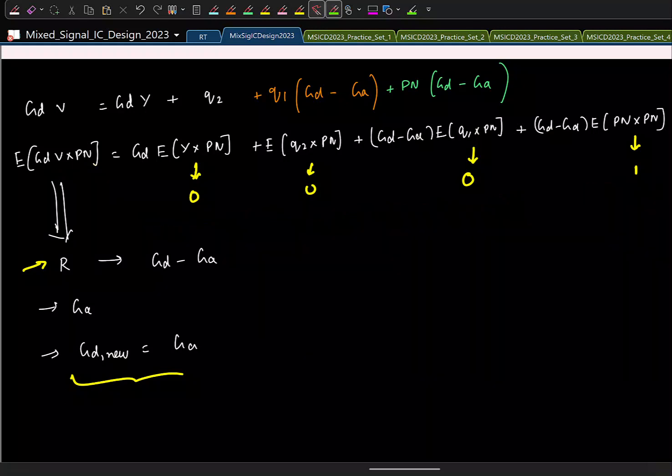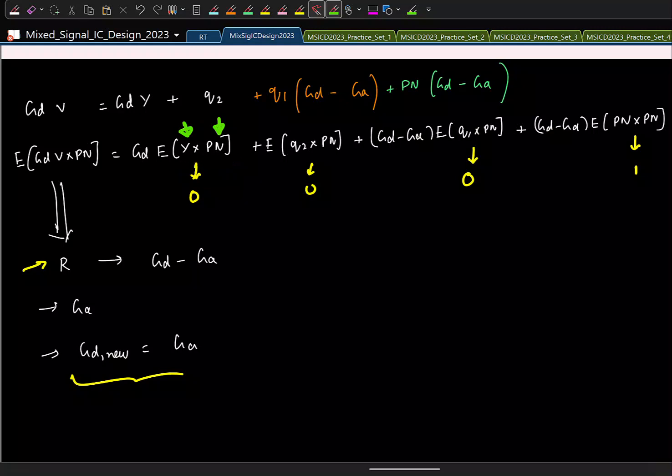Now if you look at the second term, we are correlating quantization noise with the PN sequence. The quantization noise will have really small amplitude, so taking this to go to 0 is fine. Similarly here, the same thing. Here we have quantization noise, so this itself will be close to 0. So it is okay.